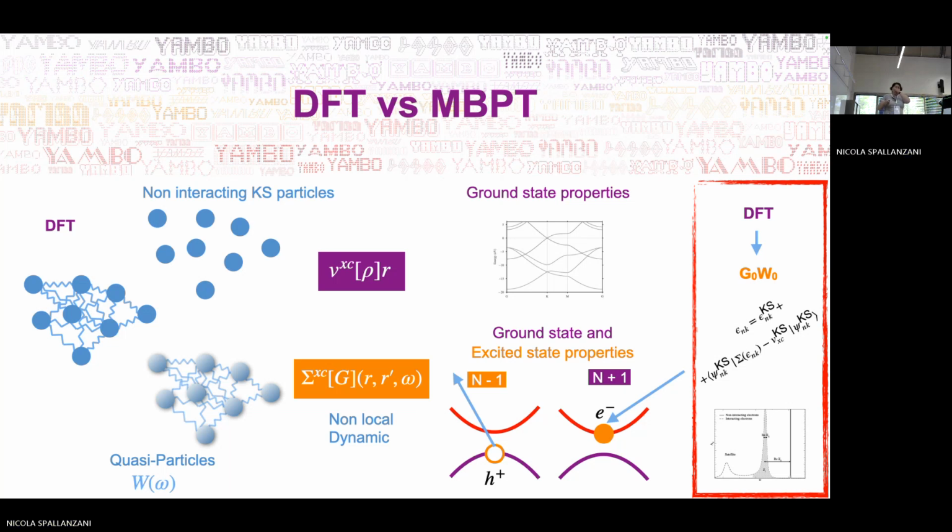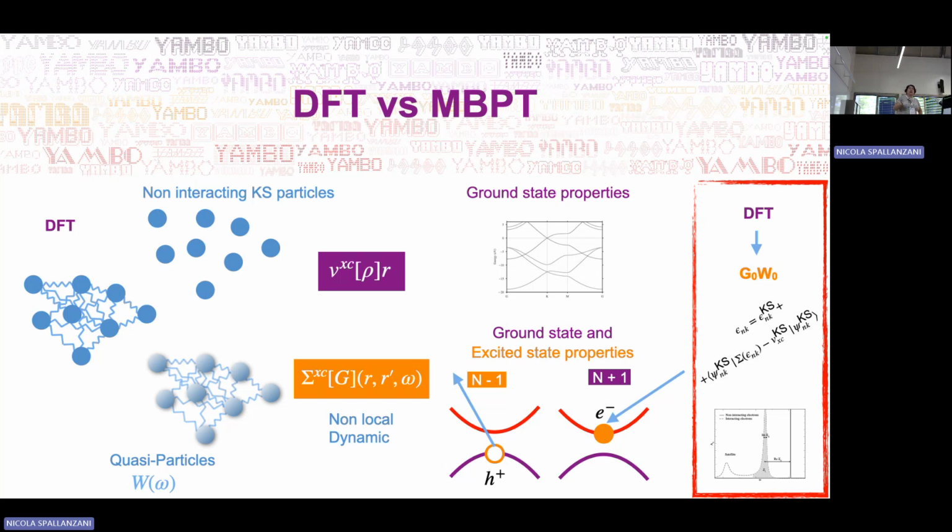So in a, let's say, very mixed and graphical way, I tried to explain the most fundamental elements of a GW calculation. That would be the quasi-particle excitation energies and this screened Coulomb interaction. So if we do a parallel with a mean field calculation, for instance a DFT calculation, we have our original N particle system.